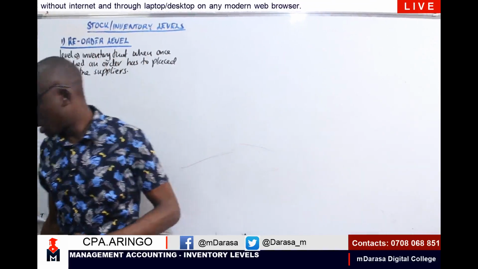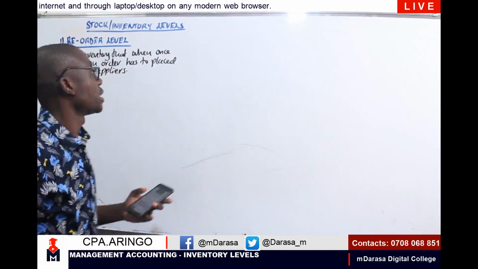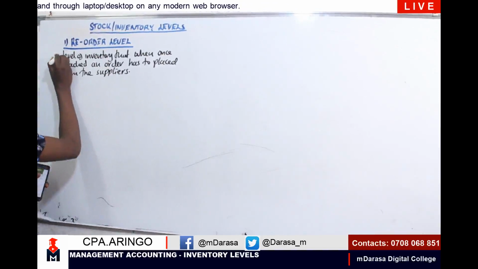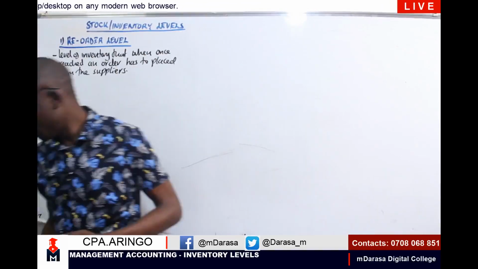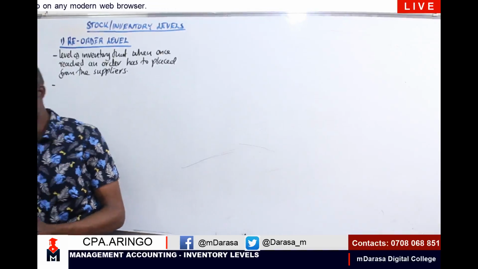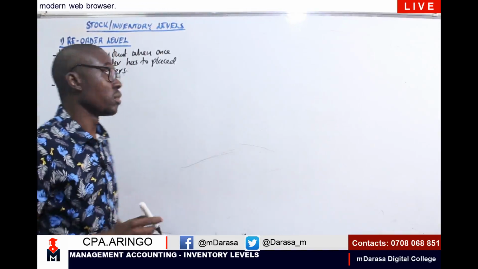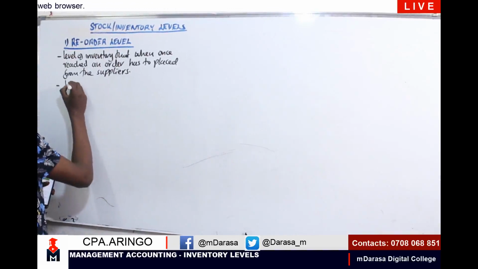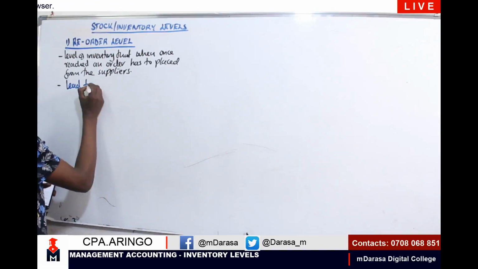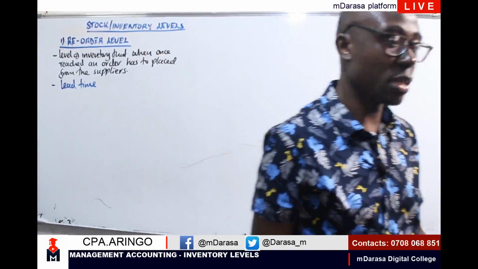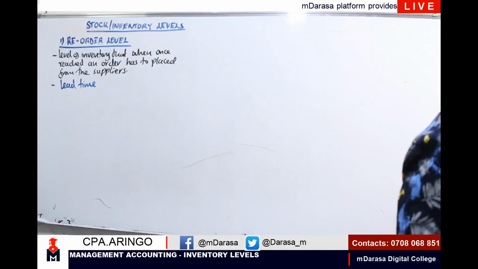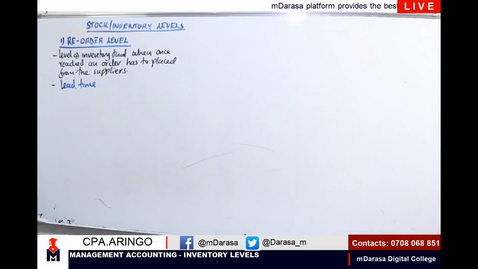The other item that we should also be able to understand at reorder level is what we normally refer to as lead time. We normally talk of lead time many a time whenever we are looking at inventory levels. So I'll be having a concept known as lead time. In summary, my good students, anytime you are talking of lead time, this is just like a waiting period.